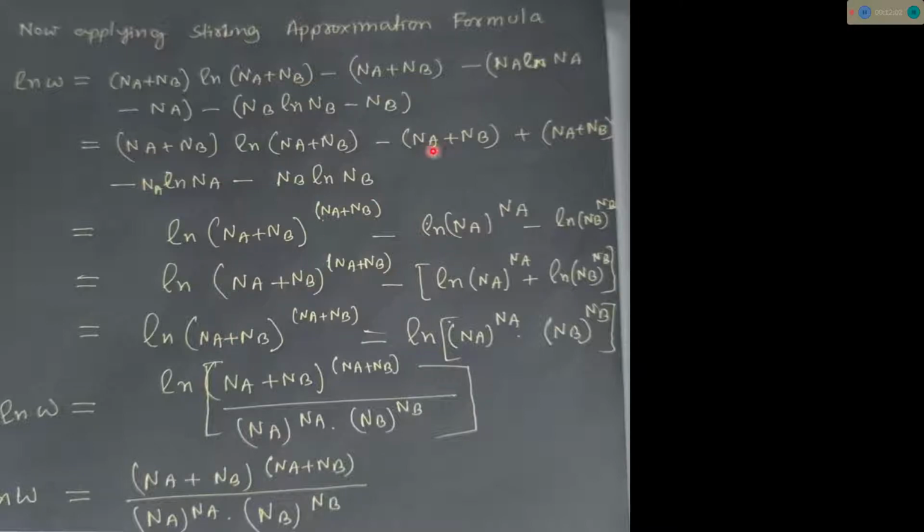Now what will be the rest? Minus Na ln Na, minus Nb ln Nb. This is just a mathematical calculation. We can also write this term as ln of Na to the power Na, since the term is before ln, we write it as a power.